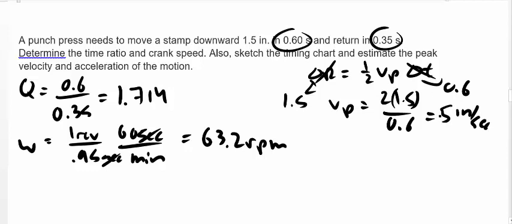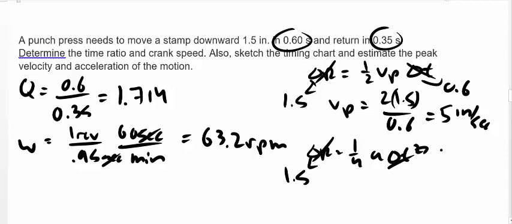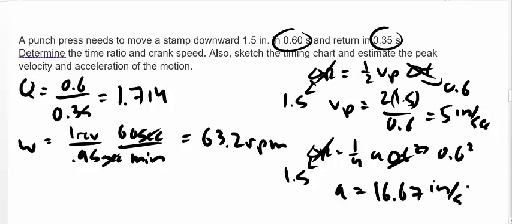Alright, we could do acceleration while we're at it. Okay, so delta R is equal to 1/4 acceleration delta T squared. Alright, this is 1.5 here. This is 0.6 squared here. And when we solve this for acceleration, we get 16.67 inch per second squared.